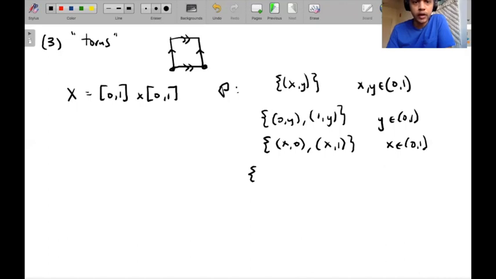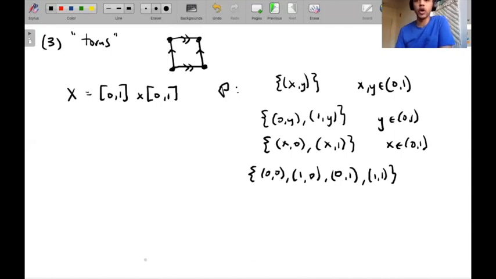And under these gluing instructions, all of these 4 corners are identified. So the point (0,0) is the same as (1,0), (0,1), and (1,1) in the quotient. Okay, so this is the partition which eventually we will prove gives us the torus.